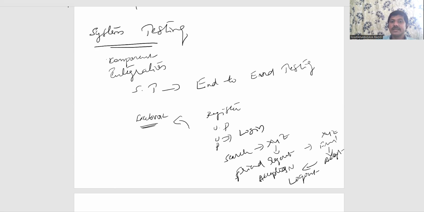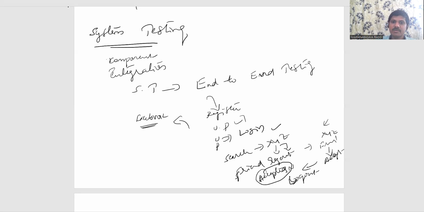So this is the end-to-end flow: first registering the account, then logging in to Facebook, then searching for some user, sending the friend request. After sending the friend request, at the other side, that person XYZ accepts it, then a notification pops up for this user that the friend request is accepted by XYZ, then he will log out. So this is the end-to-end flow.